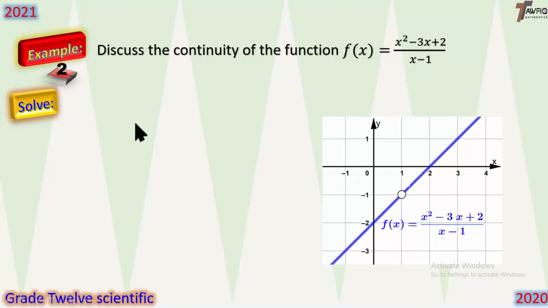Now, if the graph is not given, we can see that the domain of this function is all real numbers except 1. That means f of 1 is not defined. Therefore, this function is discontinuous at x equal to 1, and it is broken when x is equal to 1.